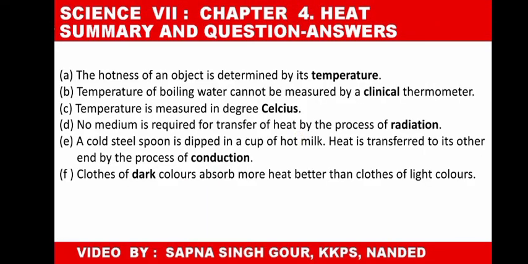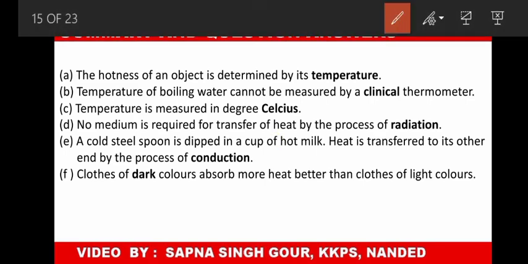Then question 3, fill in the blanks. A. The hotness of an object is determined by its blank. What will come in the blank? The hotness of an object is determined by its temperature. So how hot or how cold an object is can be determined by taking its temperature.